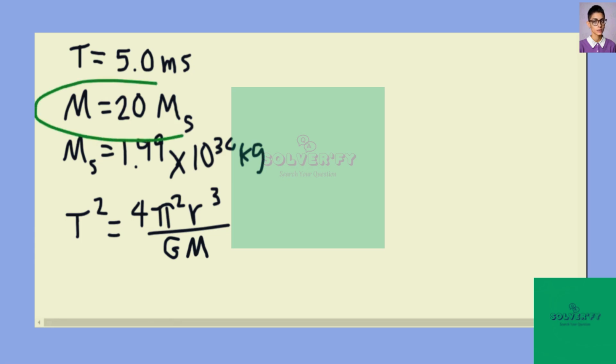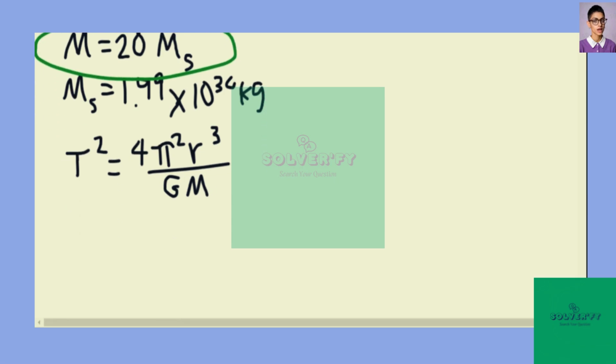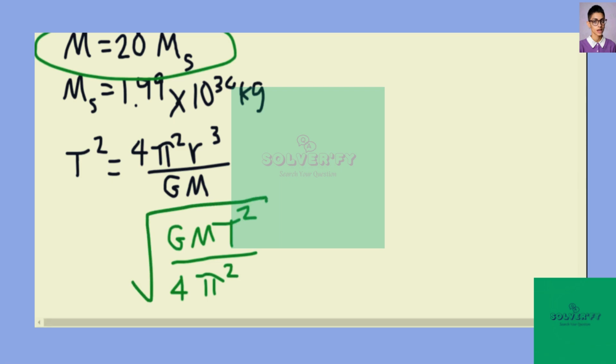We know what M is, we know what G is, and we're trying to figure out r. So if we solve for r, we get GMT squared over 4 pi squared, cube root, is r. So we can just put that into a calculator.